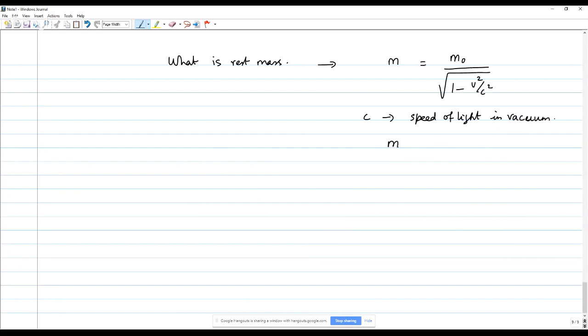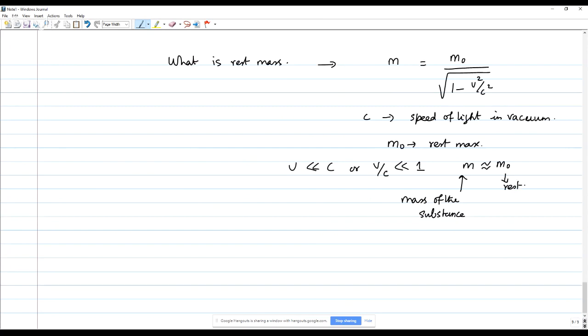And m0 is called the rest mass. So when v is much, much less than c, or when v by c is much, much less than 1, you see m is approximately equal to m0. Therefore, the mass of the substance is equal to the rest mass of the substance.